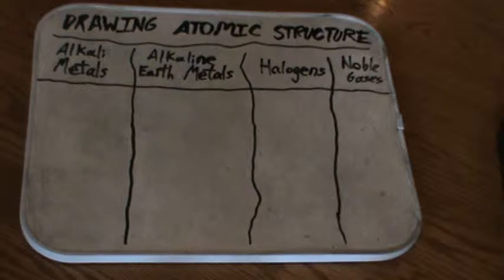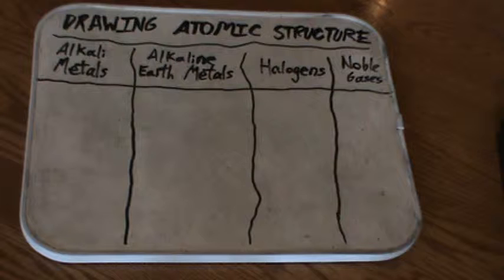So in the last video we took a long look at the periodic table, this idea of organization of our elements of chemistry, our fundamental units that we use in the chemistry classroom.